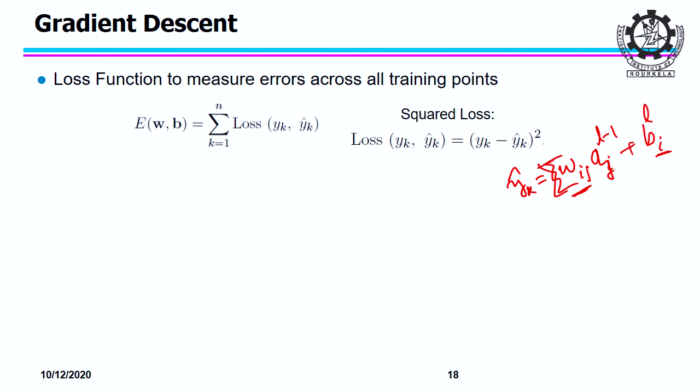Earlier we learned that the predicted value y bar equals w1 x1 plus w2 x2 plus b.